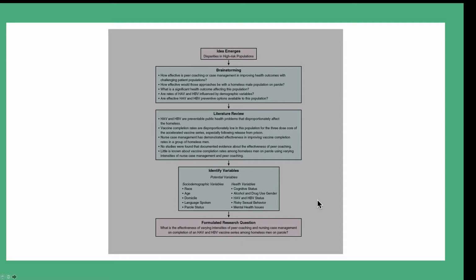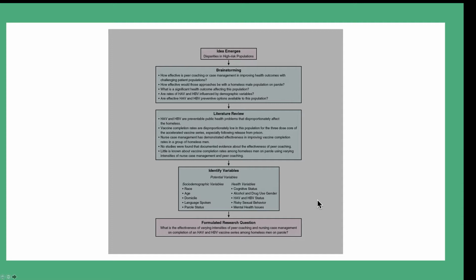After you've done some of the literature research, you can identify variables or potential variables, and you can identify socio-demographic variables and health variables. And I think that this may very well be the case when you do your literature search for your topic. And then finally, you want a formulated research question. And for each of you this first week, it is just going to be a first draft of your research question.